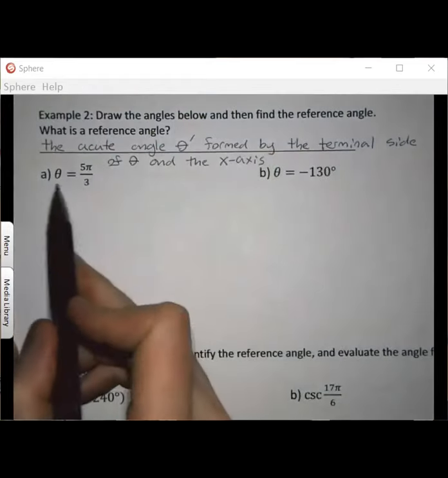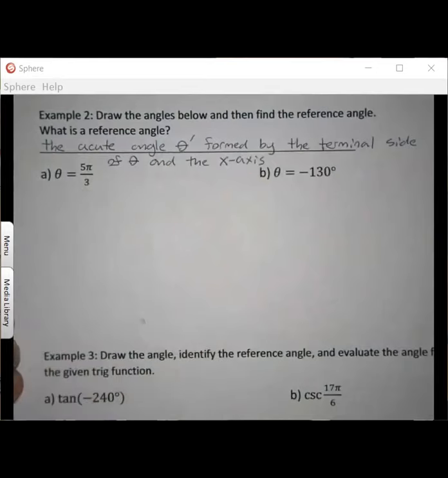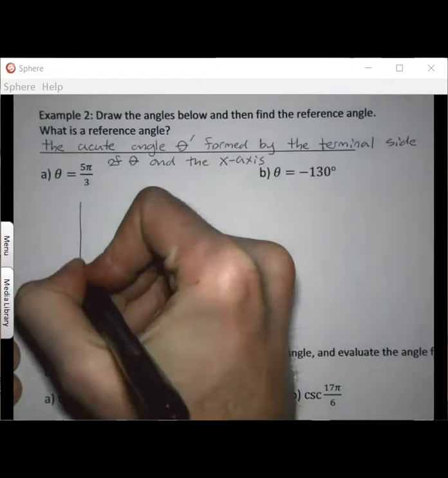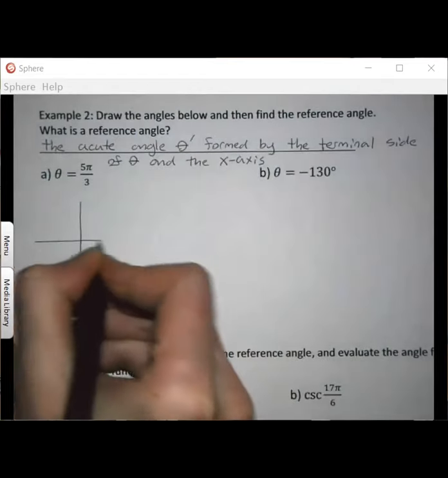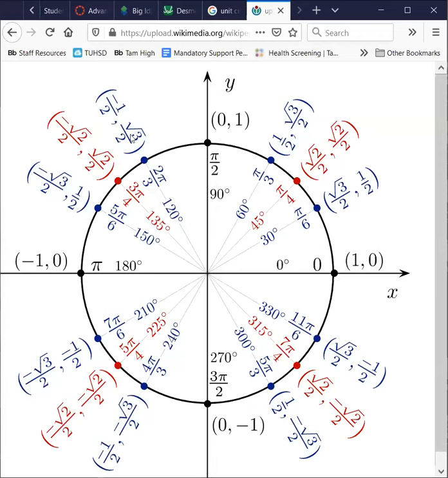Okay, so first we want to draw theta is 5 pi over 3. So it's always a good idea to have your unit circle handy. I got mine right here. So we're going to find 5 pi over 3 right here.